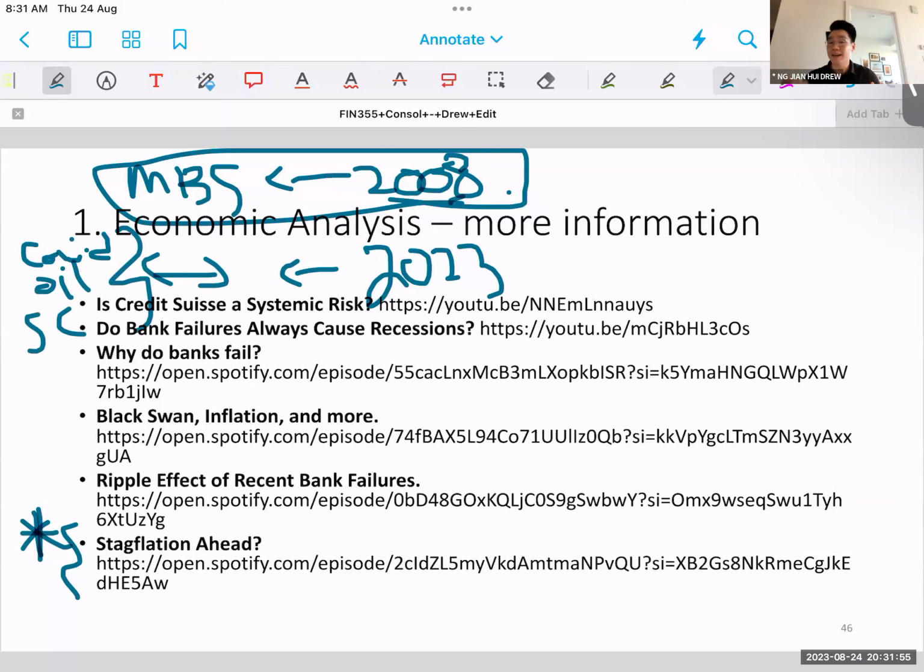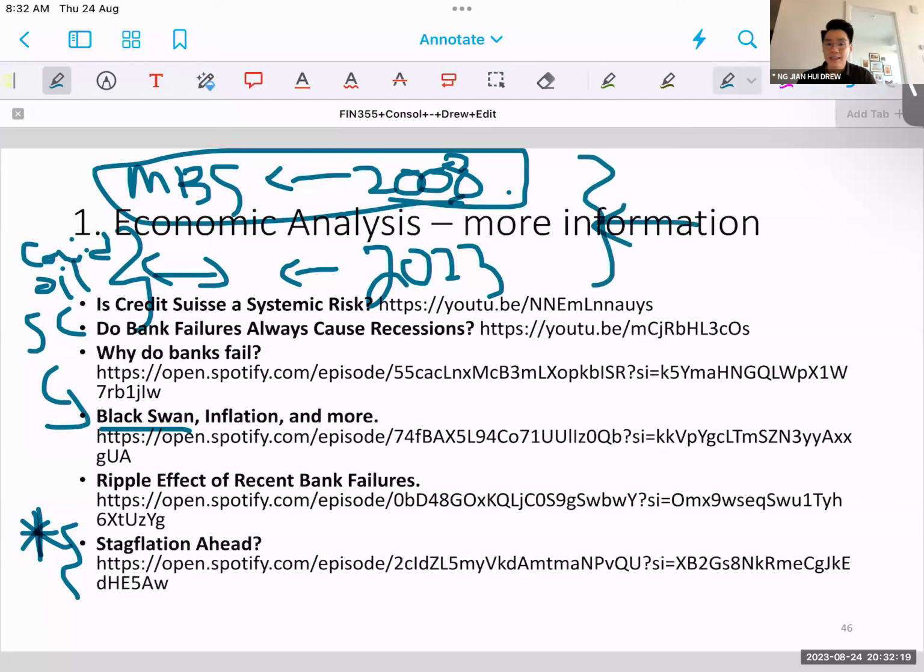Not an inflation, but a stagflation. And because of these 3, the idea of a black swan event really impacted the banking sector, particularly in the US, and therefore caused these bank failures, right? And these are very different from the MBS that we talked about.